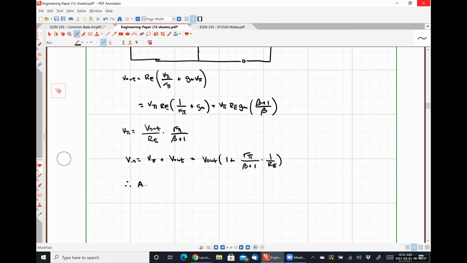And from this, my voltage gain is simply 1 over 1 plus R pi over beta plus 1 times 1 over Re, which is the same as Re divided by Re plus R pi over beta plus 1.